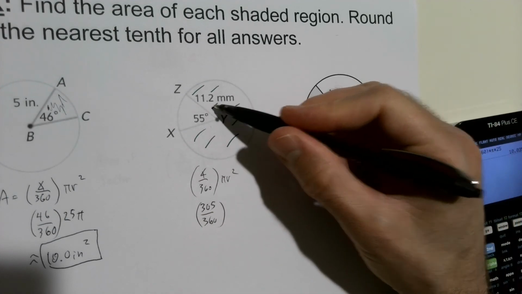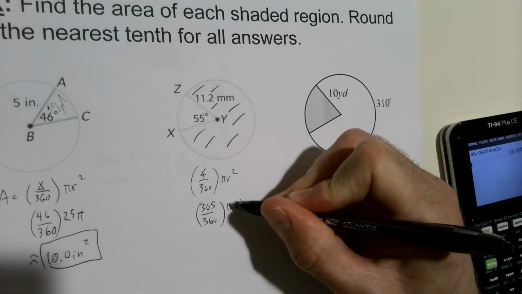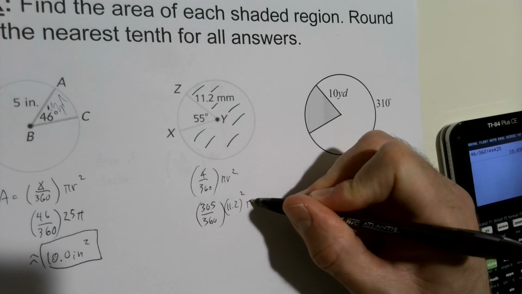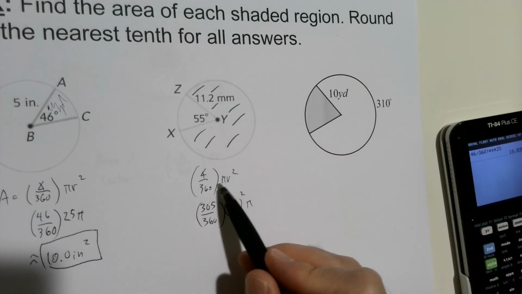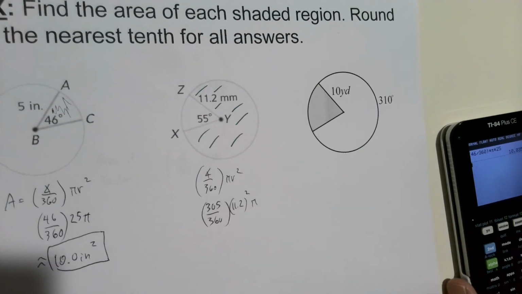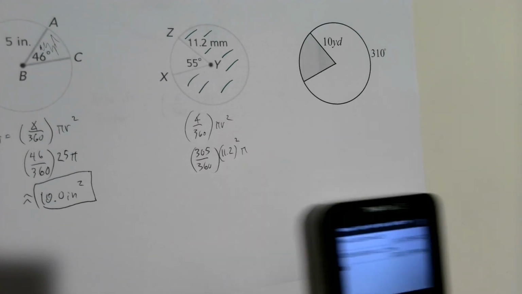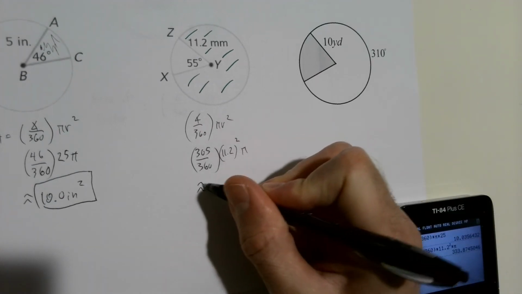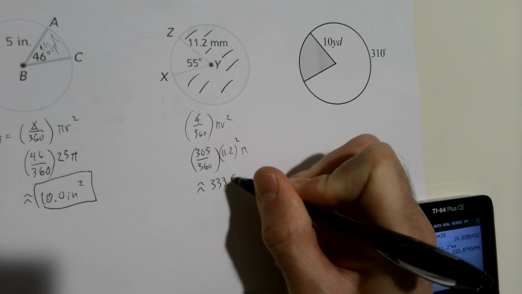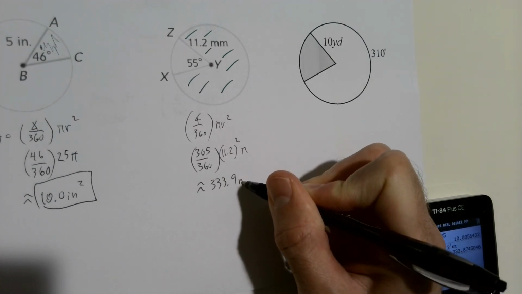Our radius is 11.2, and we've got to square that, times pi. Notice again, you can change that order of multiplication any which way you want to. So I'm going to type that in and see what we get. All right, so about 333.9. And make sure you put units squared on there.